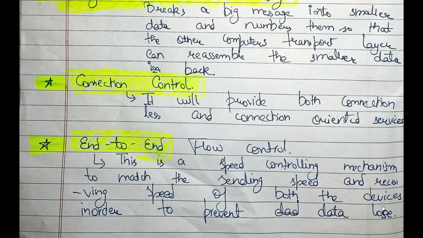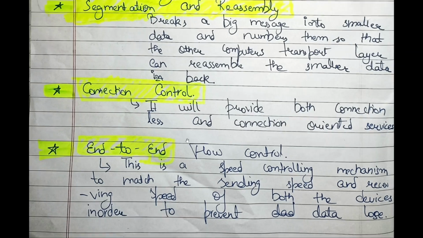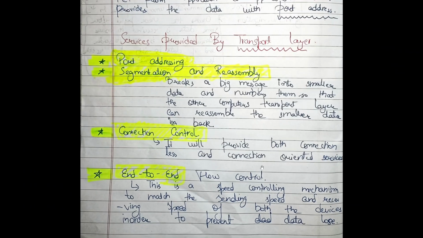So whenever you are sending me 3 MB, I am just receiving half. And again you are sending me 3 MB, again I am receiving half. So this will end up making the communication unsuccessful. The data can be lost somewhere. Hence flow control is quite necessary, and this layer provides flow control.